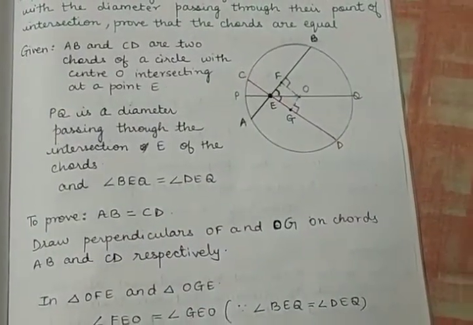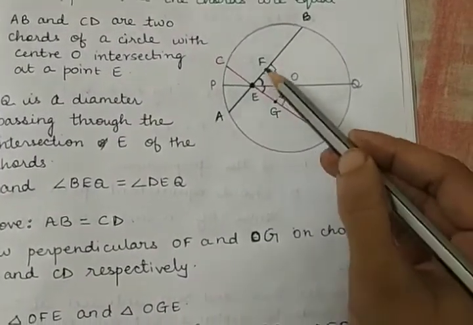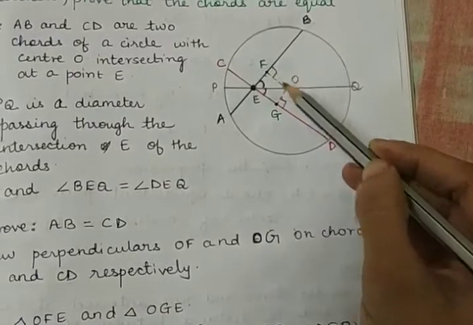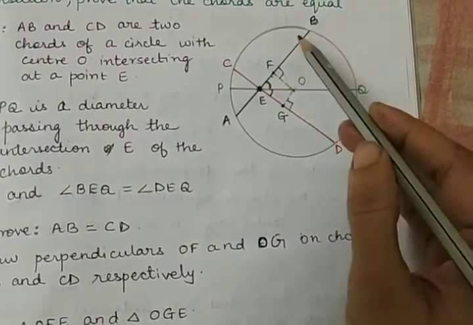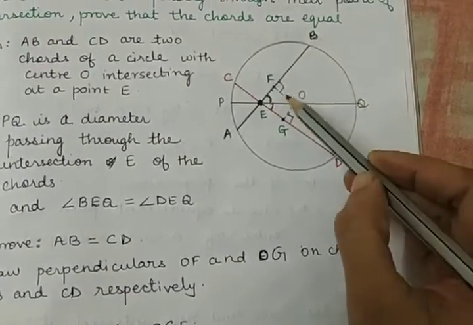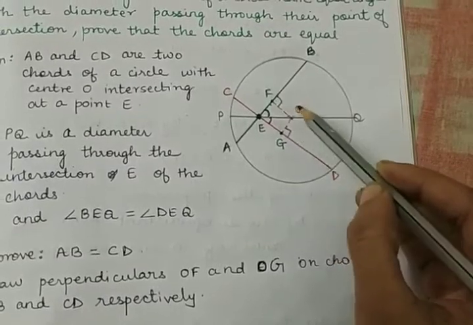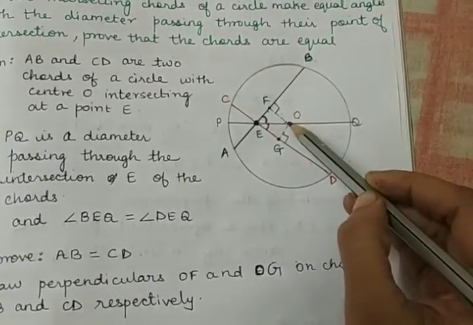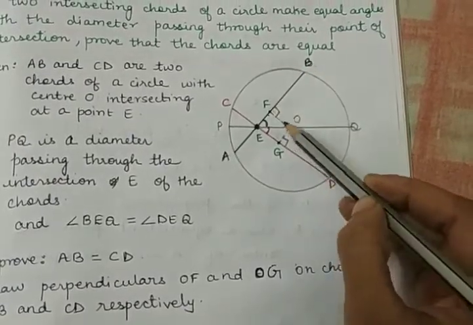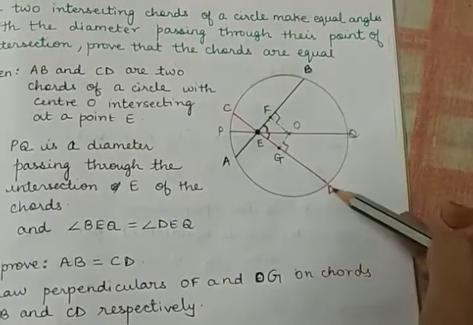Now why are we drawing the perpendiculars? Any idea? You have just learned the theorem that says if the distances of the center of the circle to the chords are equal, then the chords also should be equal.